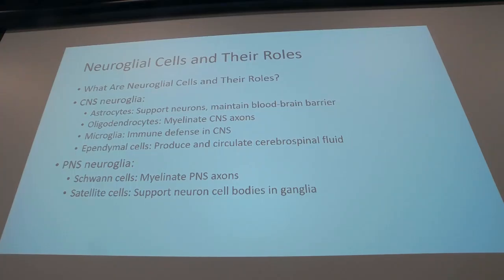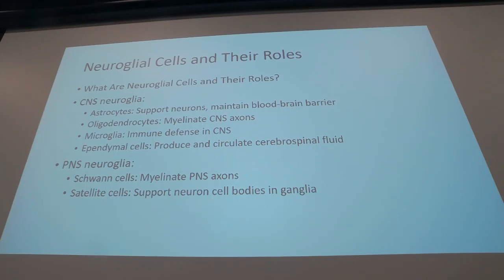Because in both PNS and CNS, we have neurons that need support. So the CNS neuroglia will be astrocytes, oligodendrocytes, microglia, and ependymal cells. And the neuroglia from the PNS will be the Schwann cells and satellite cells.